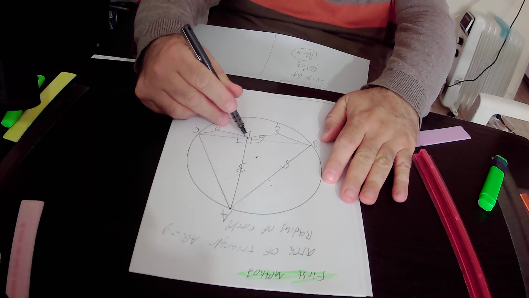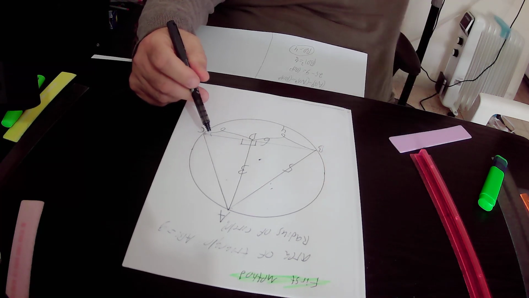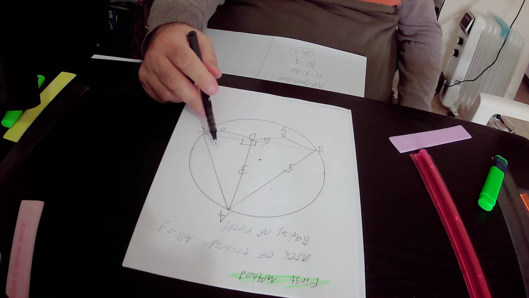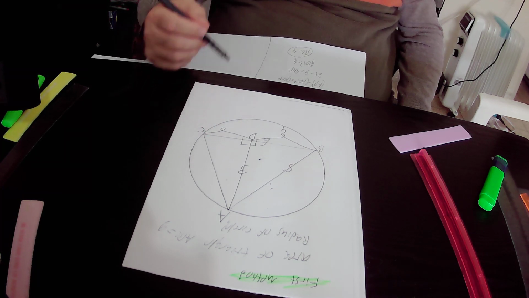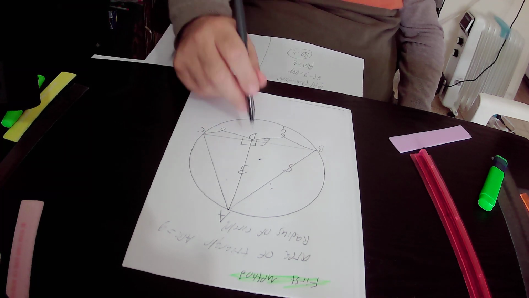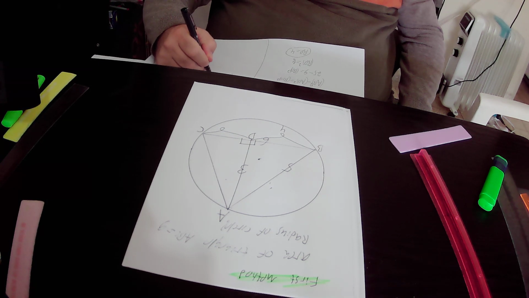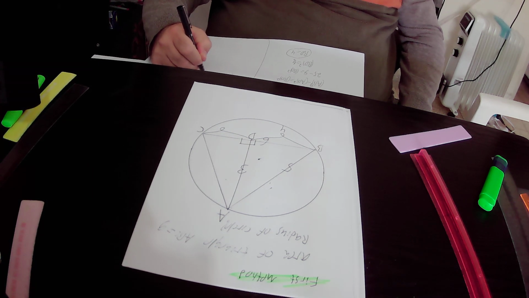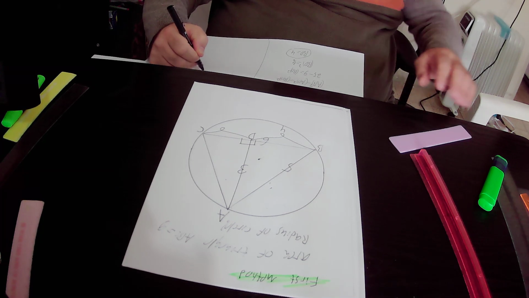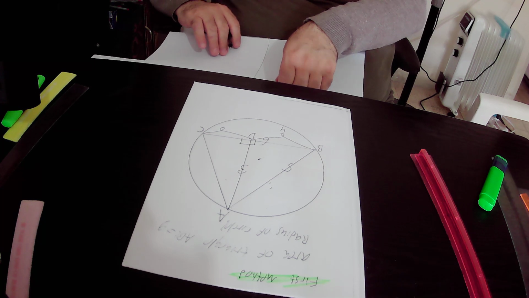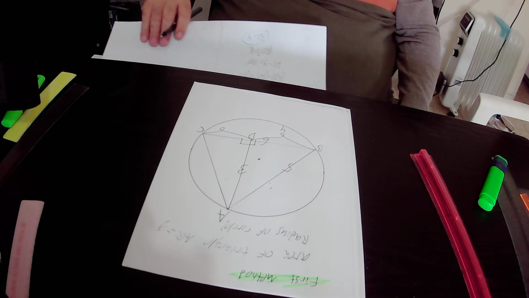Here we will implement the Pythagoras theorem on triangle ADC in order to find the hypotenuse. So in this right triangle ADC, according to the Pythagoras theorem, PT is the equation for the Pythagoras theorem. The square of the hypotenuse equals the sum of the squares of the perpendiculars.